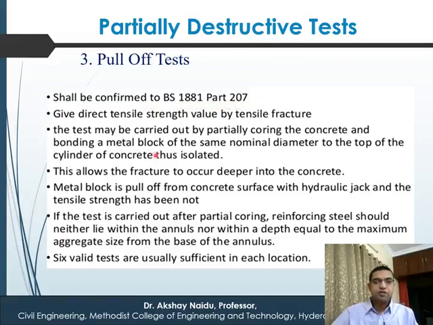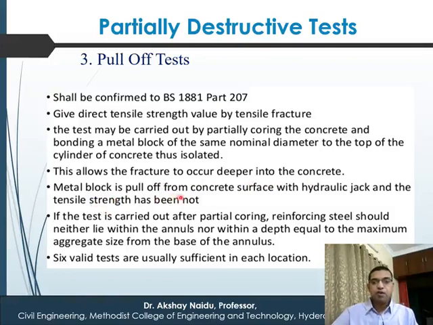Pull off test gives direct tensile strength value by tensile fracture. The test may be carried out by partial coring of the concrete and bonding a metal block of the same nominal diameter to the top of the cylinder of the concrete, thus isolated. This allows the fracture to occur deeper into the concrete.